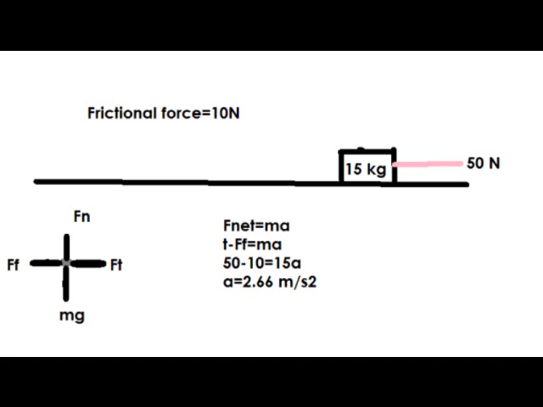Calculate the acceleration of the package if 10 newtons of frictional force acts upon it. Using the formula F net equals ma, we plug in the elements: T minus frictional force equals ma. Plug in the numbers: 50 minus 10 equals 15a. Solve it and you get a equals 2.6 meters per second squared.